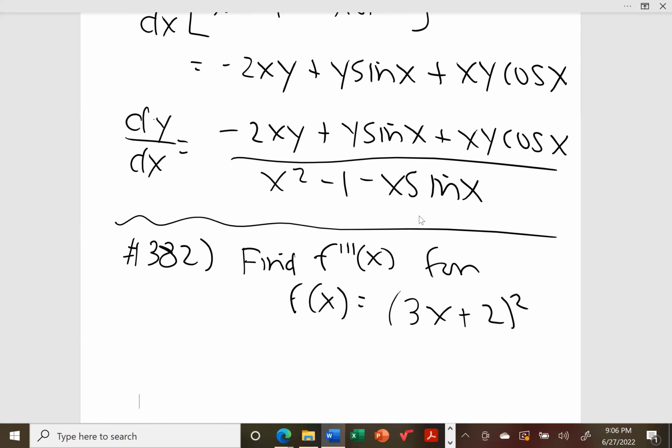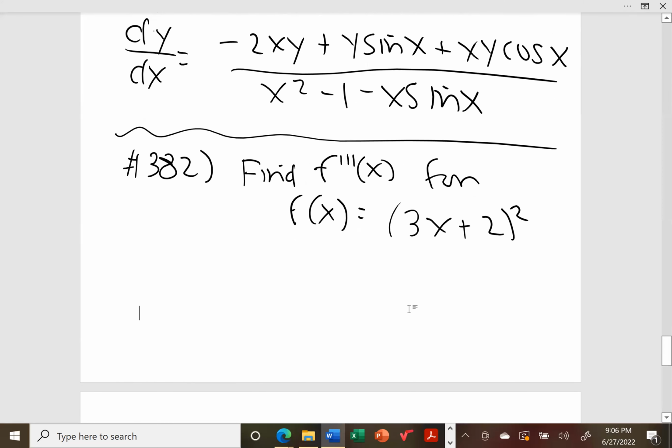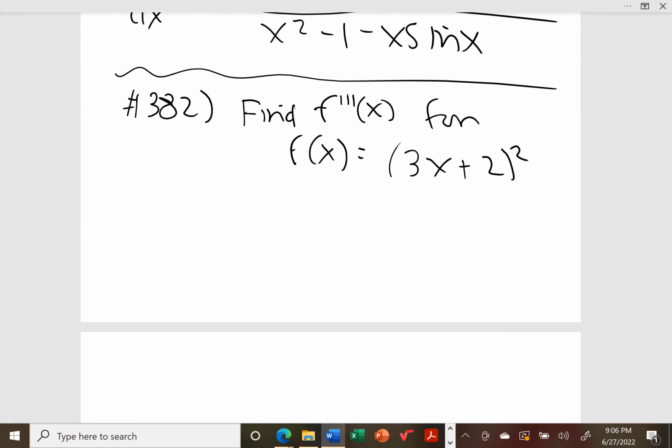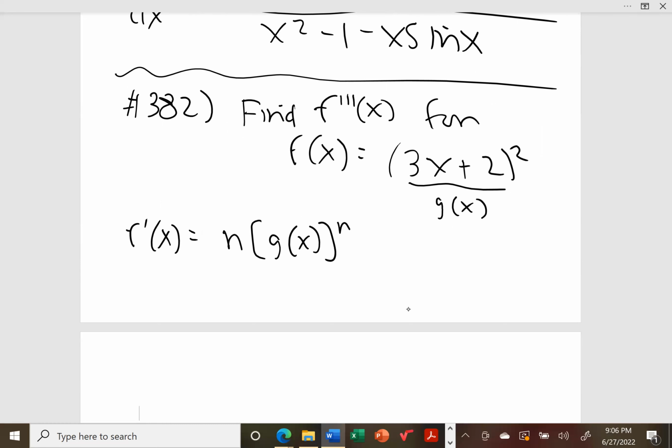So you're basically applying the generalized power rule 3 times. Another nightmare. Now remember how this works. This is your g of x. f prime of x is n g of x to the n minus 1, g prime of x. So if this is g of x, luckily g prime of x is simple, and n is 2.